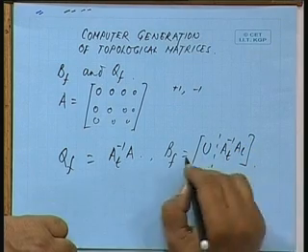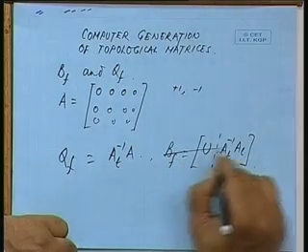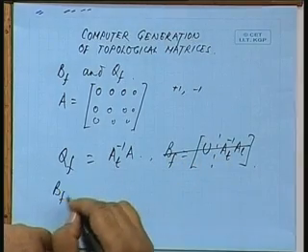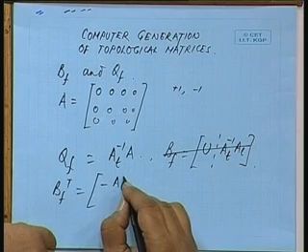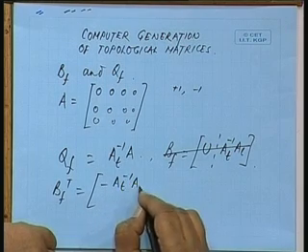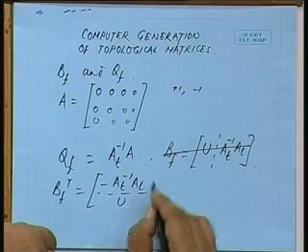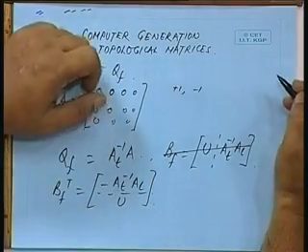Sorry, BF transpose was minus of A transpose inverse AL and a unity matrix. All right.